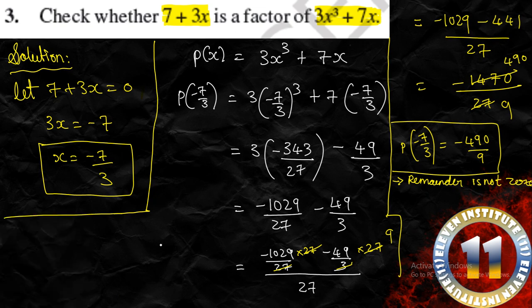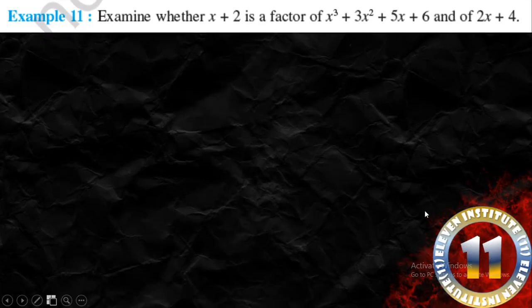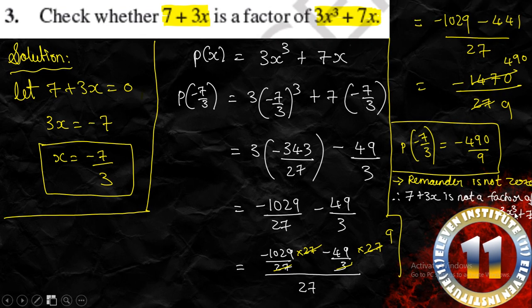Fine. Therefore, 7 plus 3x is not a factor. Not a factor of what? 3x cubed plus 7x. Not a factor of 3x cubed plus 7x.